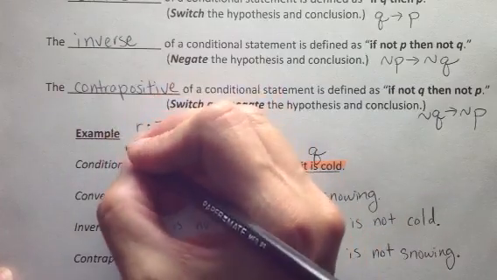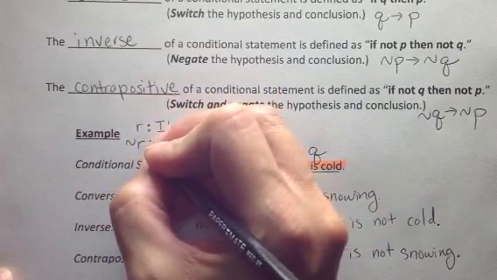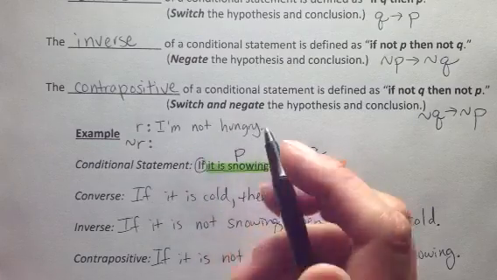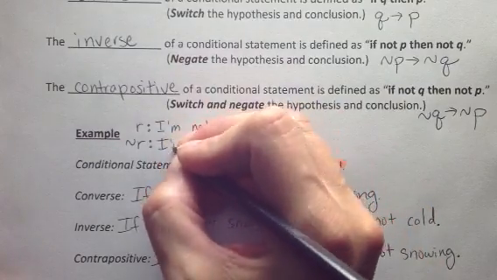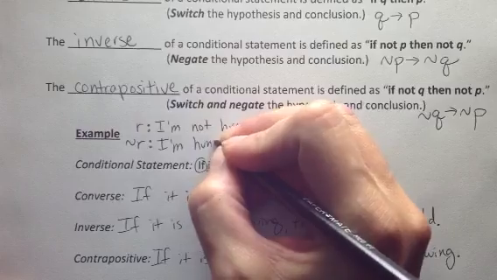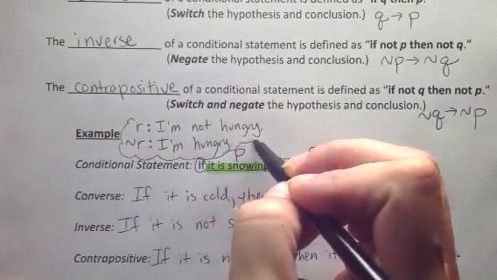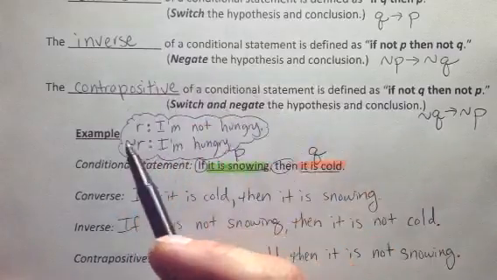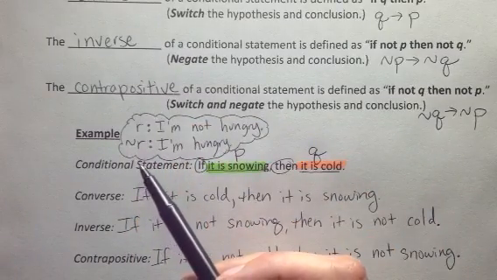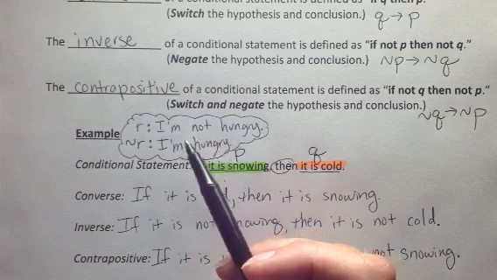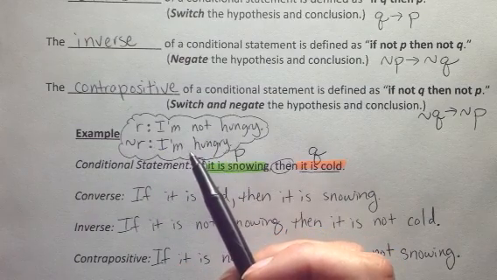If you negate that, what actually happens is you end up saying I'm not not hungry, which becomes I'm hungry. This is just a little side note. Sometimes you go to negate something and the original statement has a not in it. So when you negate it, you actually take the not out.